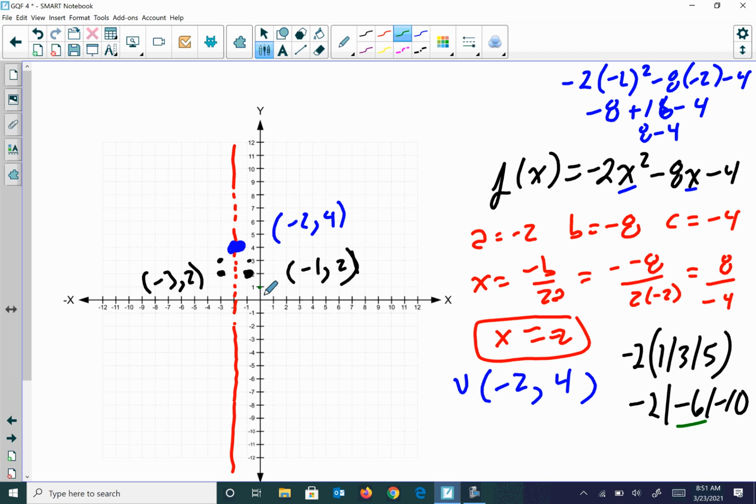Right 1 down. 1, 2, 3, 4, 5, 6. Left 1 down. 1, 2, 3, 4, 5, 6. So 0, negative 4. Perfect. Parabola is done. We've got some beautiful points labeled.